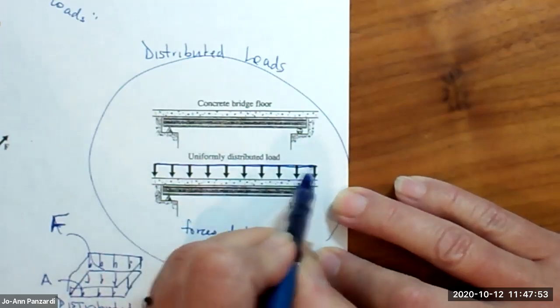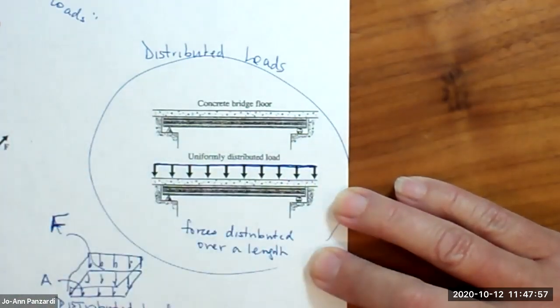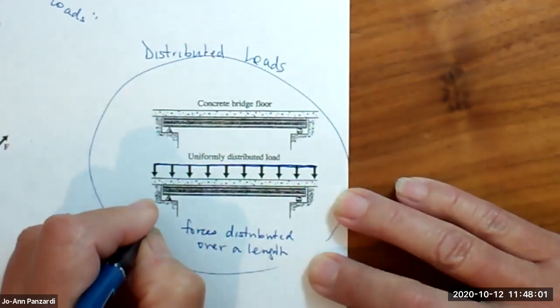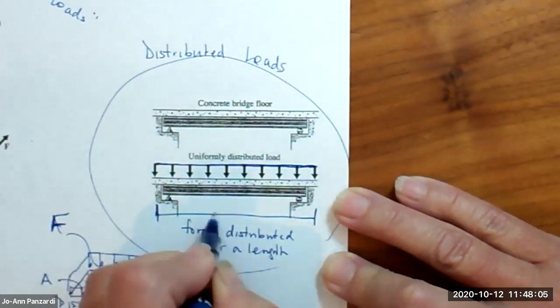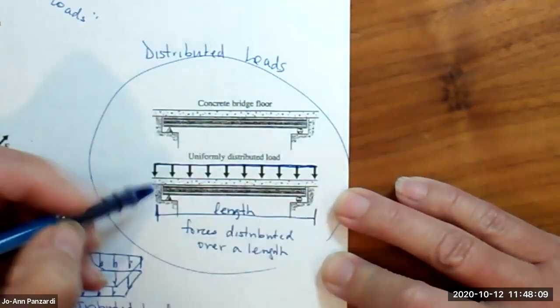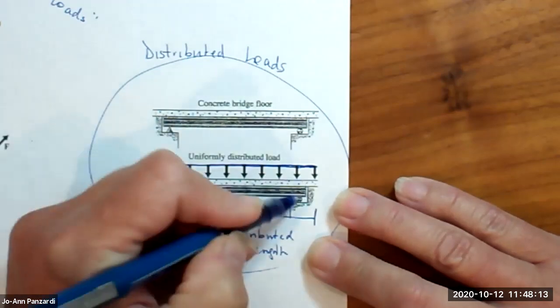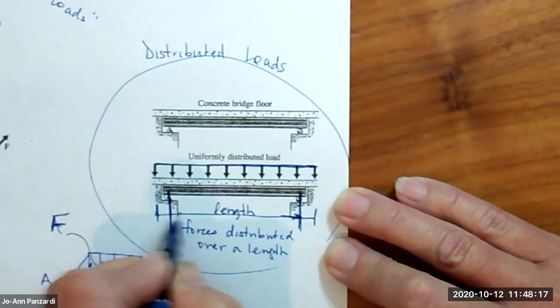They have a horizontal line that has all these forces coming down, and it's a distributed load over the length. So here in this particular case, we're looking at this being our length. In fact, typically we're only analyzing the beam. So really our length is only from one end of the beam to the other end.